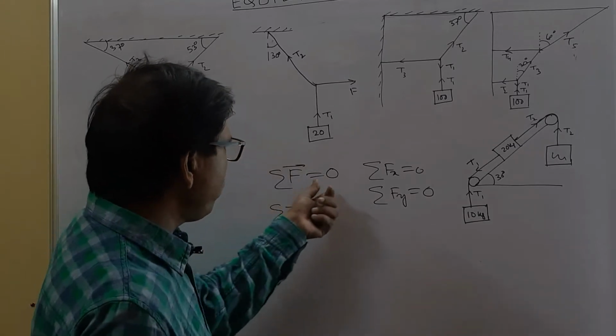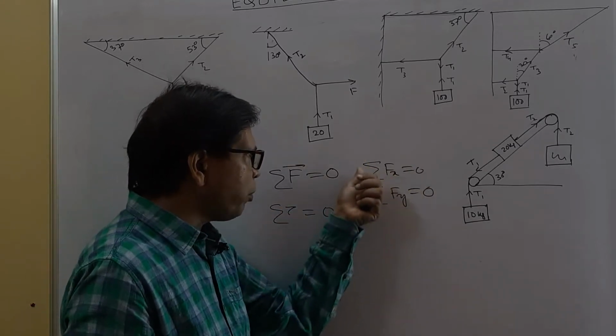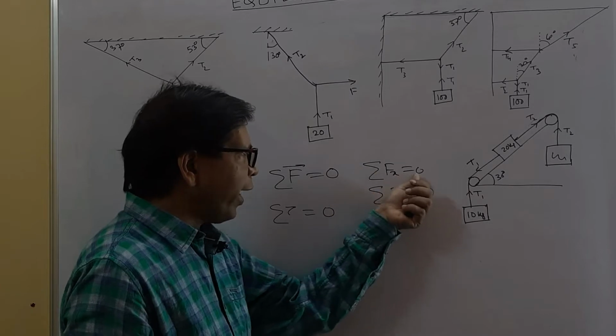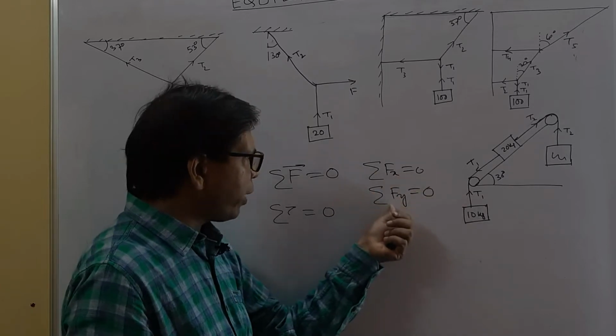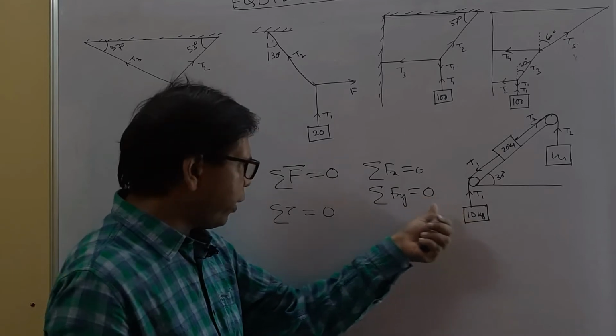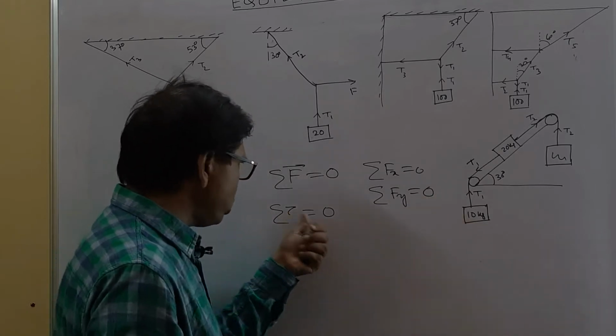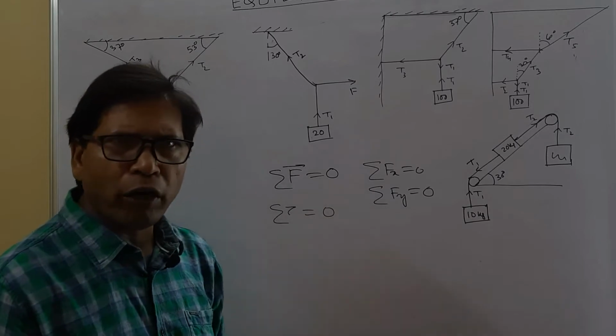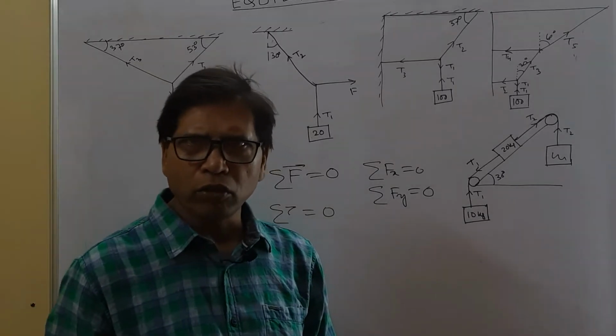For coplanar forces, the vector sum of the forces along the x-axis is 0 and the vector sum of the forces along the y-axis is 0. And torque 0 means anti-clockwise torque equals clockwise torque.